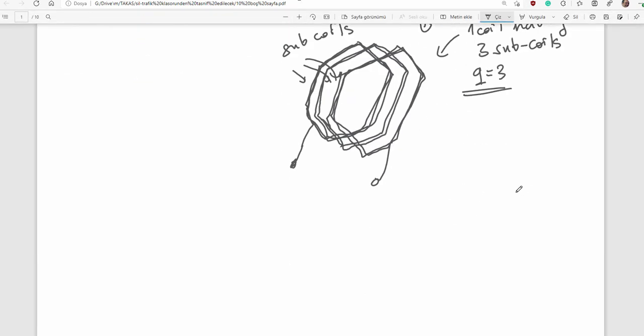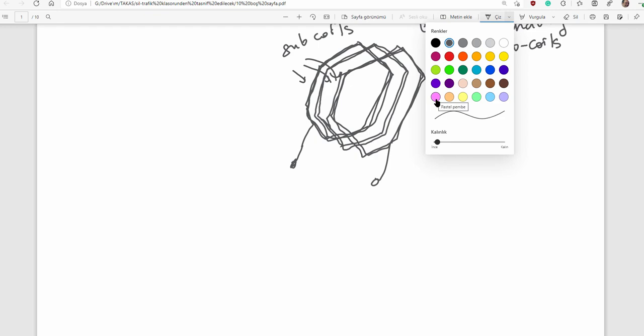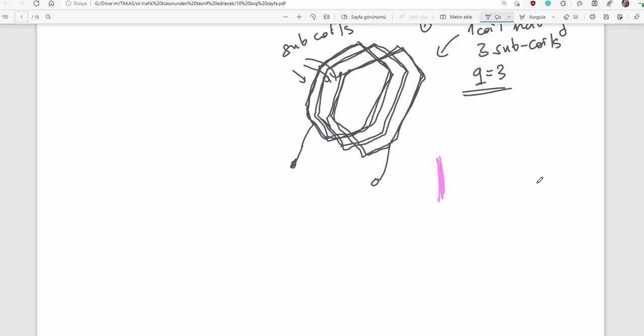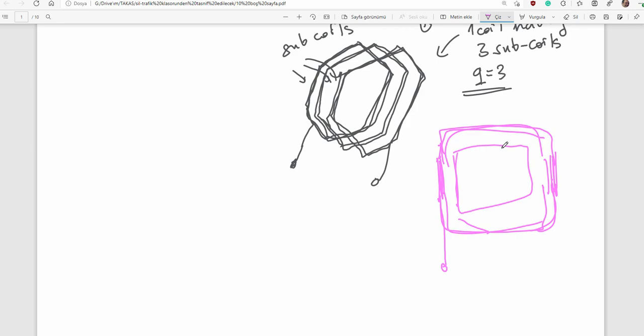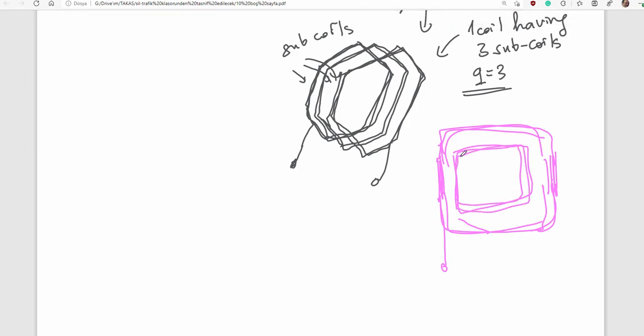Subcoils also can be done like this. Some conductors connected to each other. We have N turns, for example, here, and then here is another subcoil having some number of turns, and then another subcoil having some number of turns.